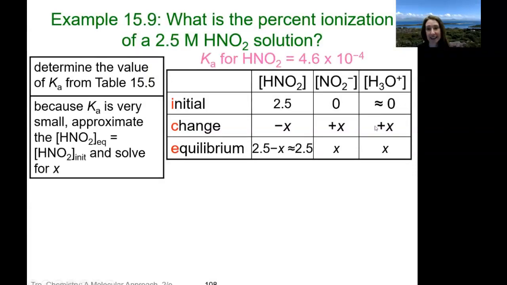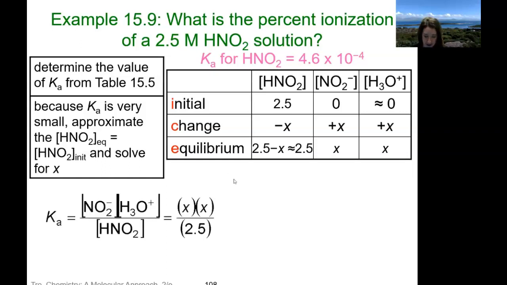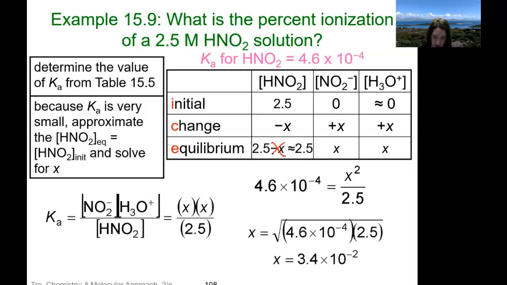But our x is small, remember, is our percent ionization. So they are the same thing. When we solve for x, remember we're assuming this is small, we get 3.4 times 10 to the -2. Now, at this step in a normal ice table, this is when we would do the x is small check.